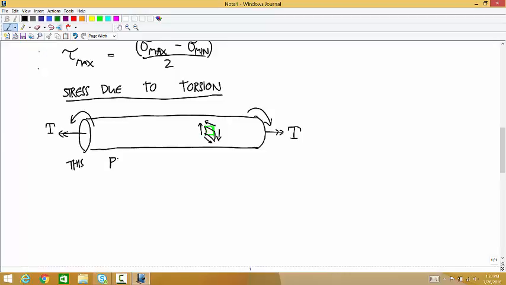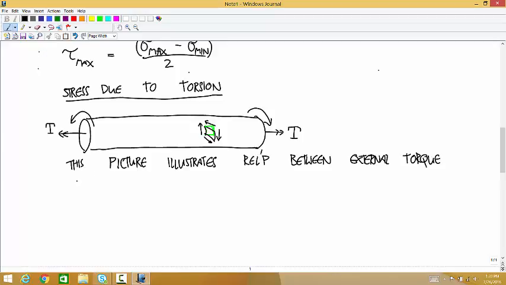So this picture illustrates the relationship between an external torque and shear stress.